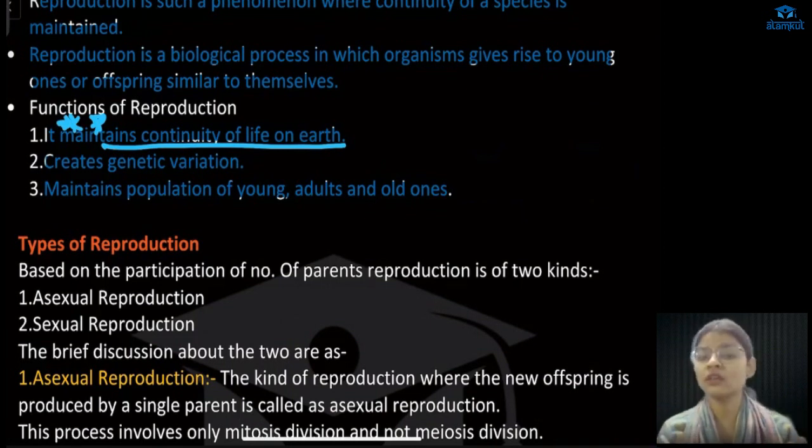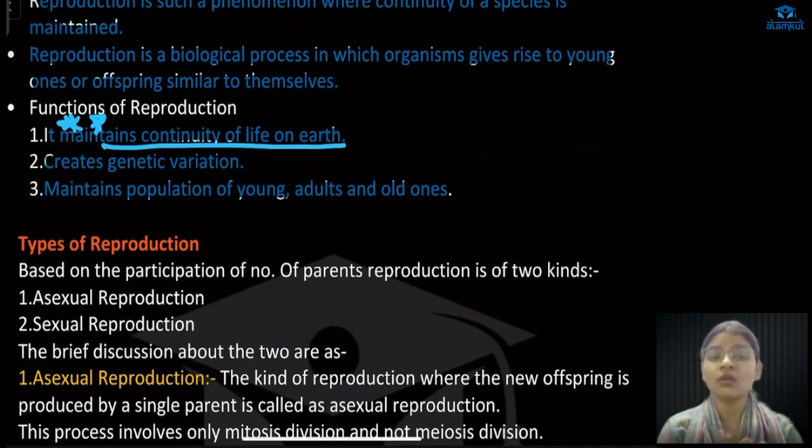No species has the same traits, same kind of ability and same outer appearance as another. There must be certain differences among each and every organism, although they have the same number of chromosomes. This is called genetic variation, and it is done with the help of reproduction only.